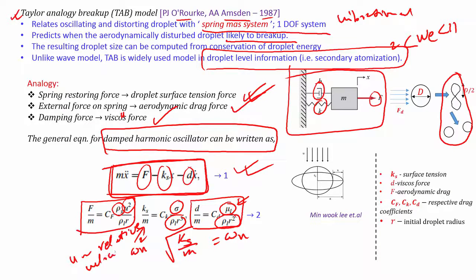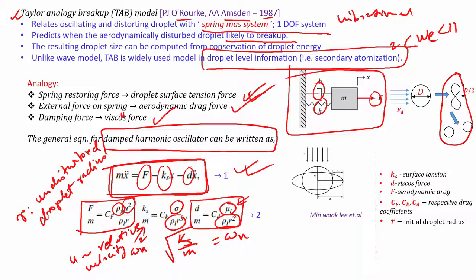In case you have not guessed it already, it is the relative velocity, and mu l is the fluid viscosity. R that you see over here is the undisturbed droplet radius. There is no evaporation here. So these are the quantities that you will have over here.